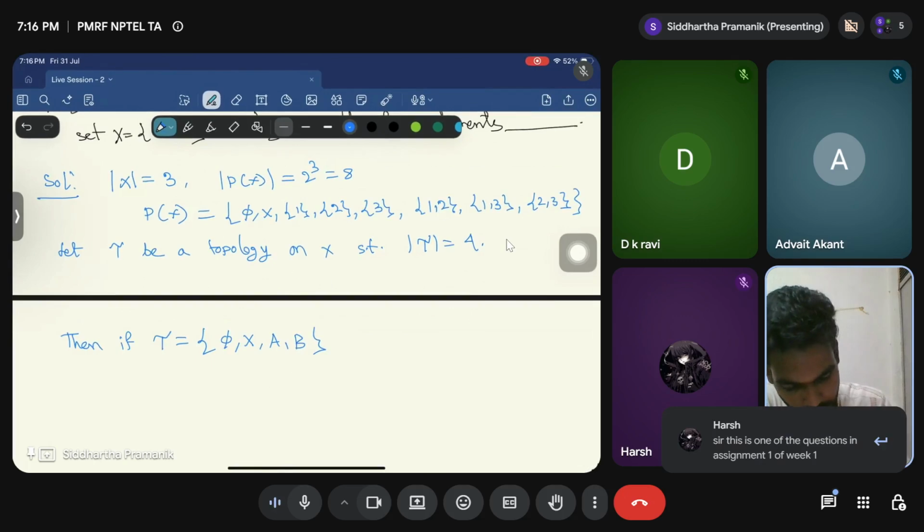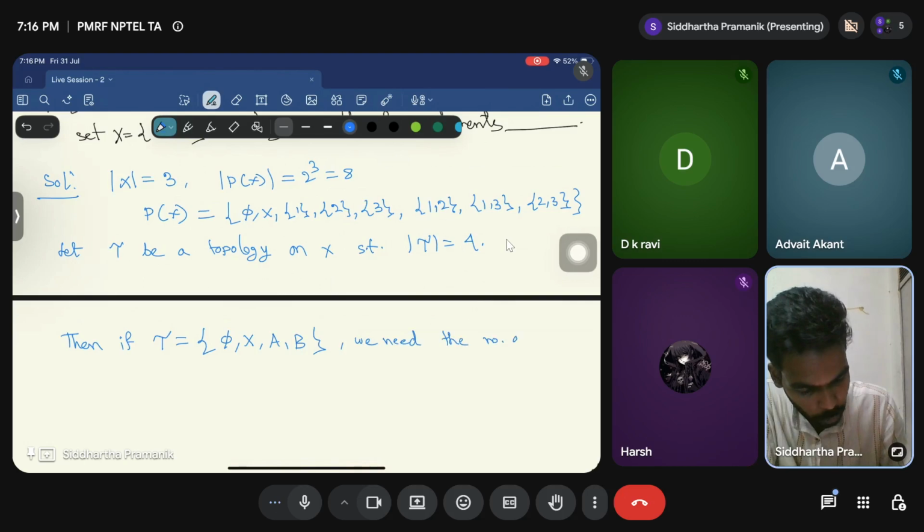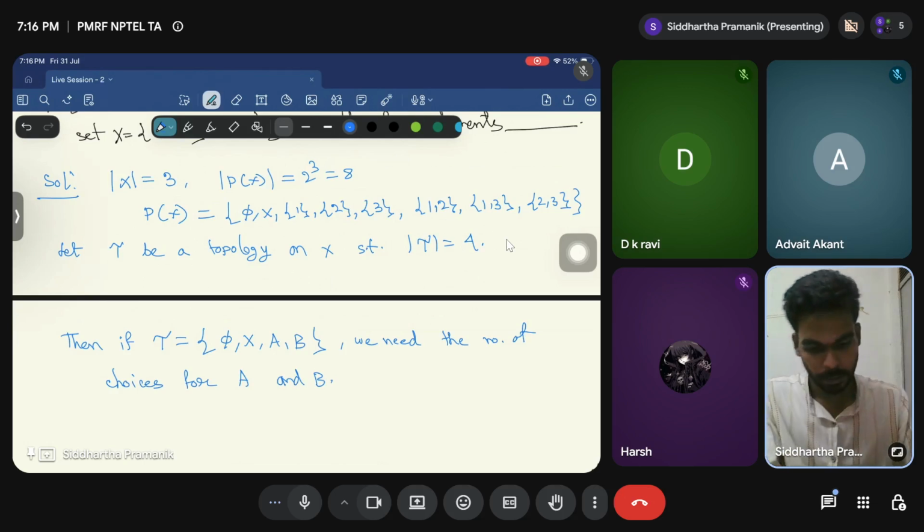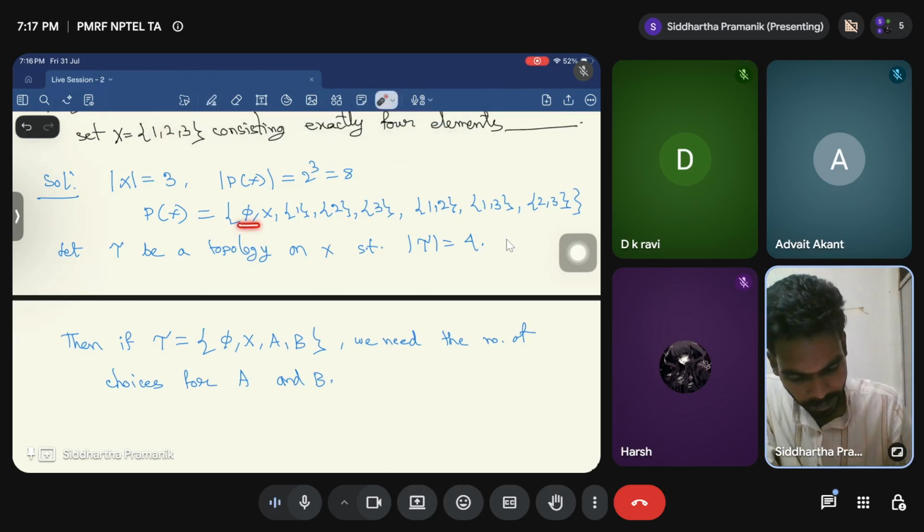Then if tau is this, we need to find the number of choices for A and B. So phi and X are already in tau, so A and B can come from these 6 elements.